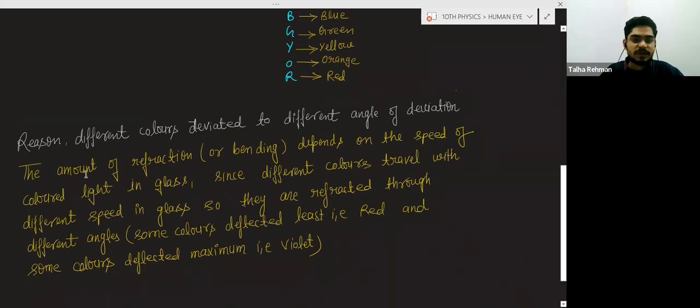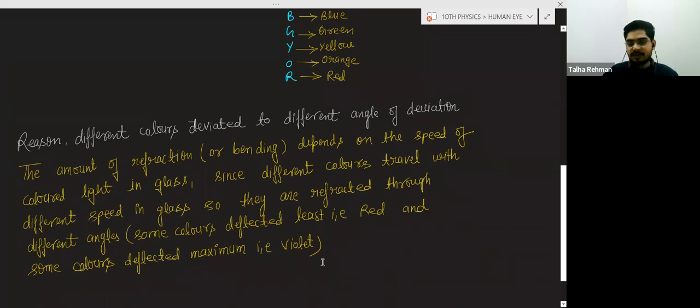You can say the amount of refraction or bending depends upon the speed of color light in the glass. Speed is depending upon the wavelength. So since different colors travel with different speed in glass, they are deflected through different angles. Some colors deflect least, for example red color, and some colors deflect maximum, that is violet.